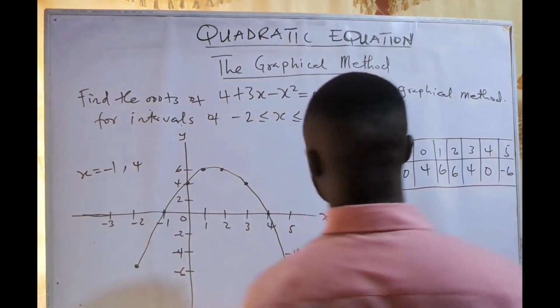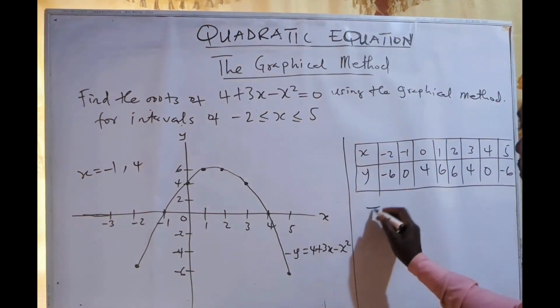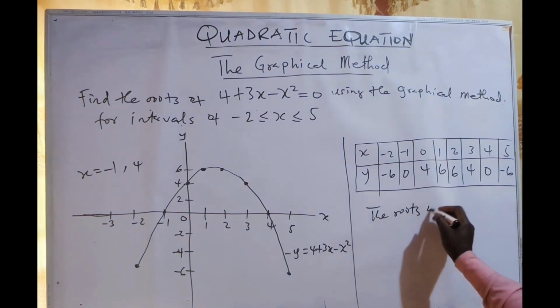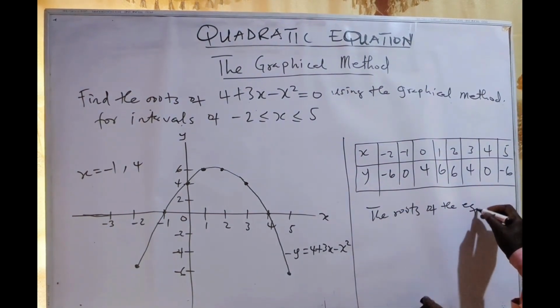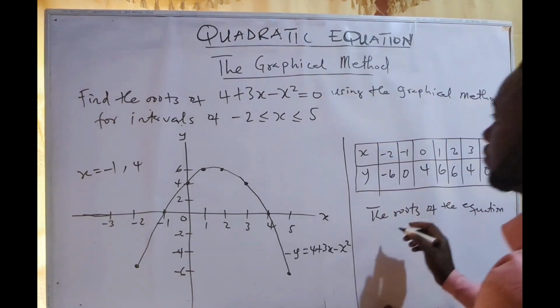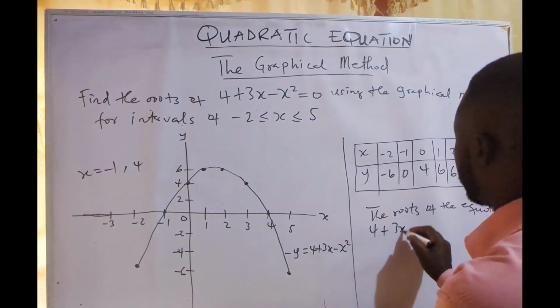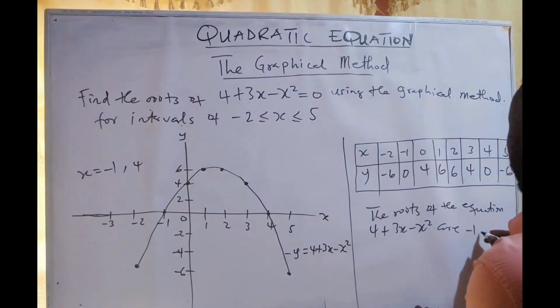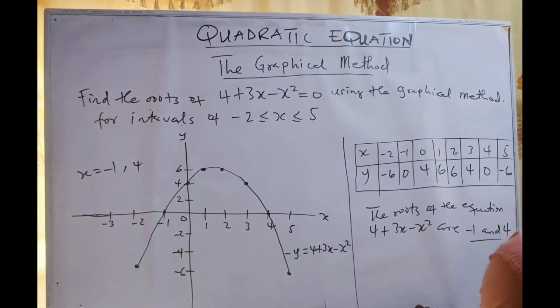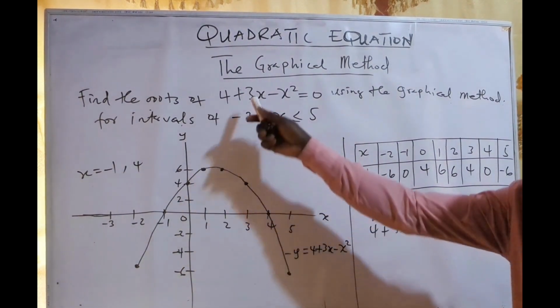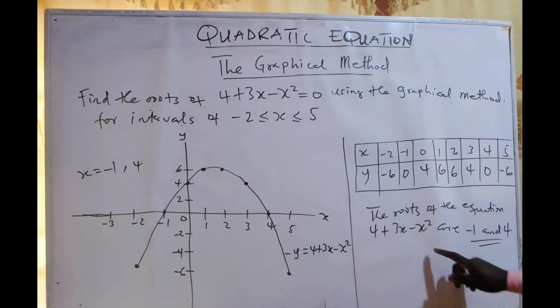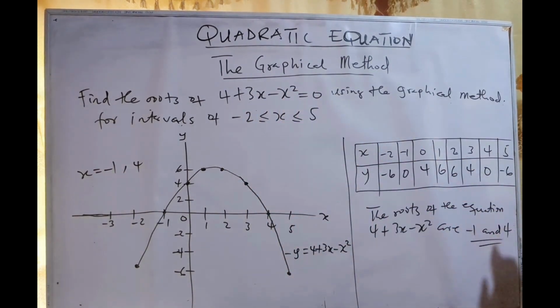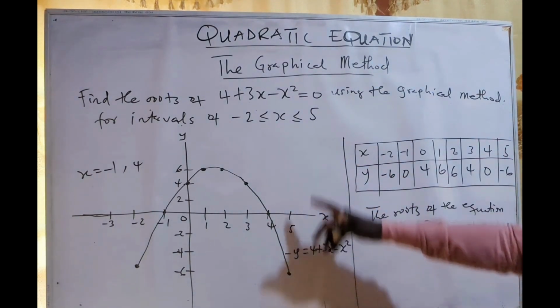So you conclude that, therefore, the roots of the equation 4 plus 3x minus x squared are negative 1 and 4. So when you solve 4 plus 3x minus x squared equal to 0, these are the values you are going to get. You are going to get x as negative 1 and then x as what? As 4. And these two values will satisfy the equation.